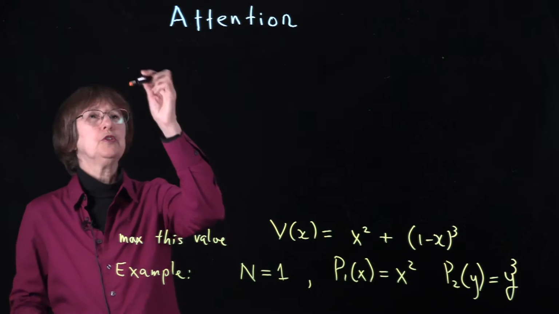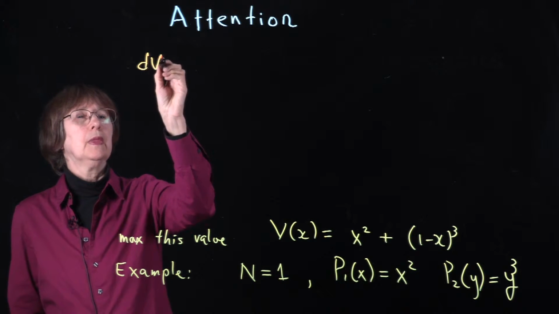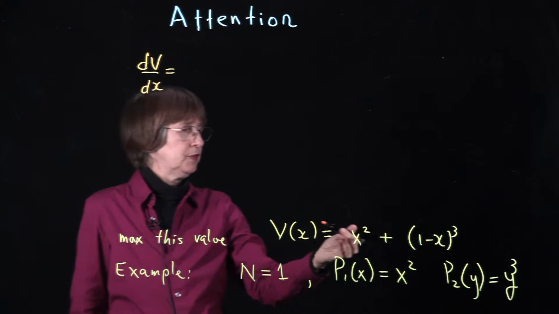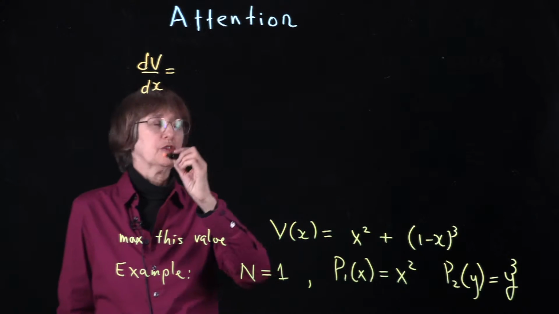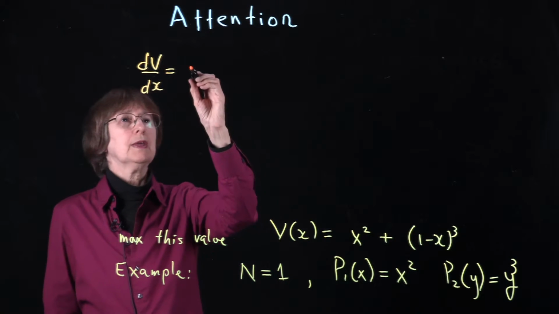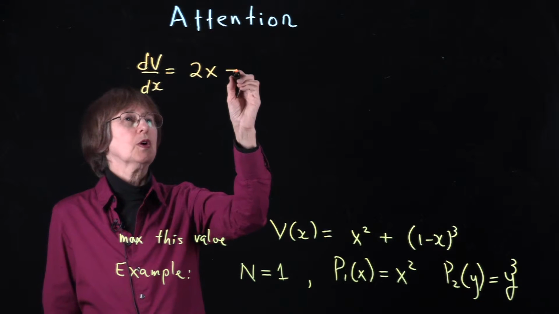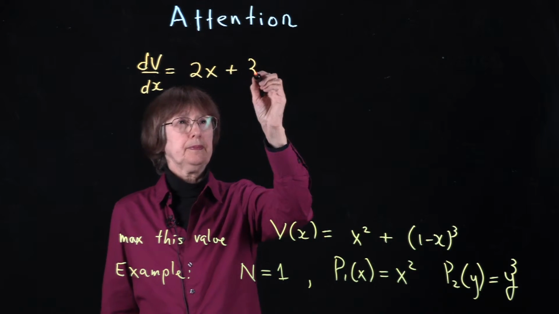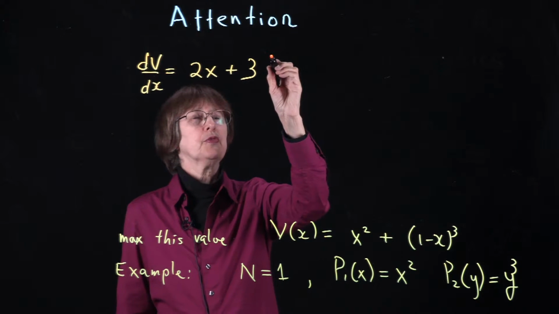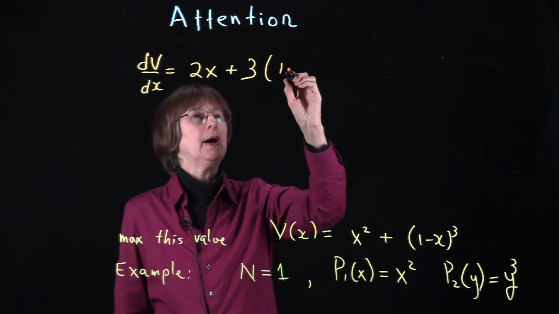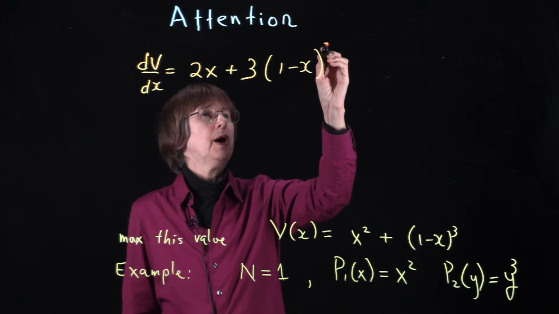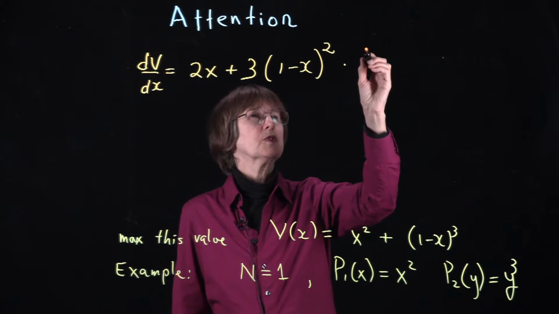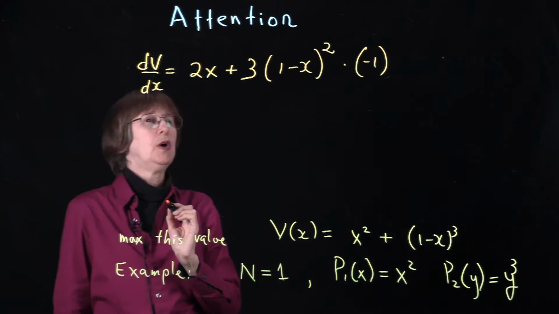Therefore, when we compute the derivative of the food value in order to find an optimum, we're going to have to use the chain rule on this expression. So the first part, that's easy. The derivative of x squared is just 2x. And now here's where the chain rule comes in. The derivative of this part will be 3 times (1 minus x) raised to the power 2 multiplied by the derivative of the inside with respect to x, which is minus 1.